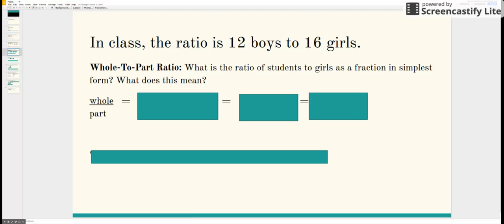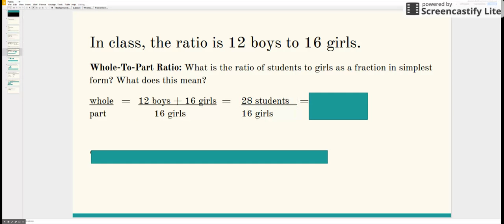How many students are there? 12 boys and 16 girls. 12 plus 16 is 28. And part, how many girls are there? 16. So we have 12 plus 16 at the top, which got us 28 students, and our part is 16. So we have 28 students and 16 girls.